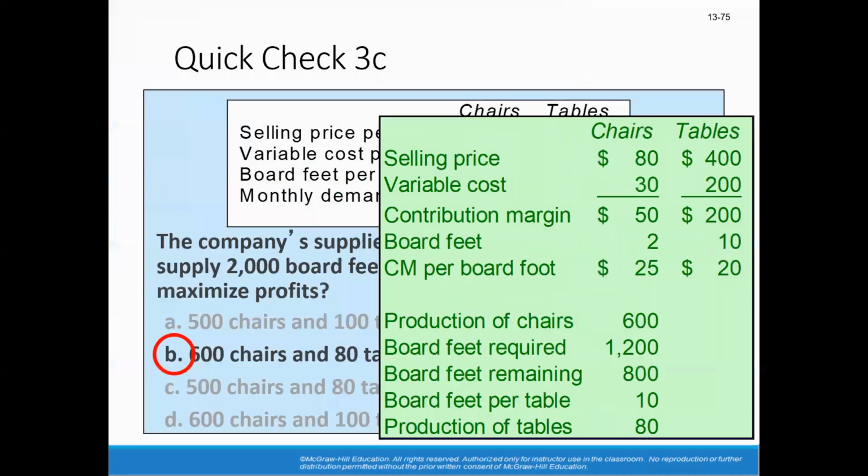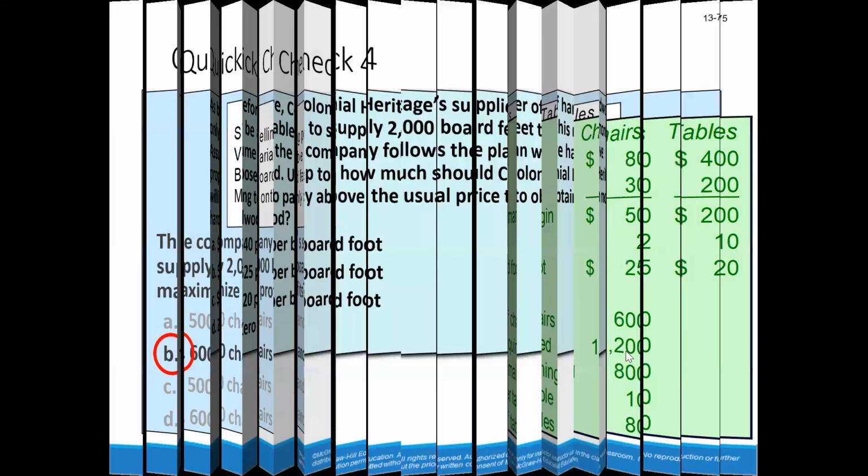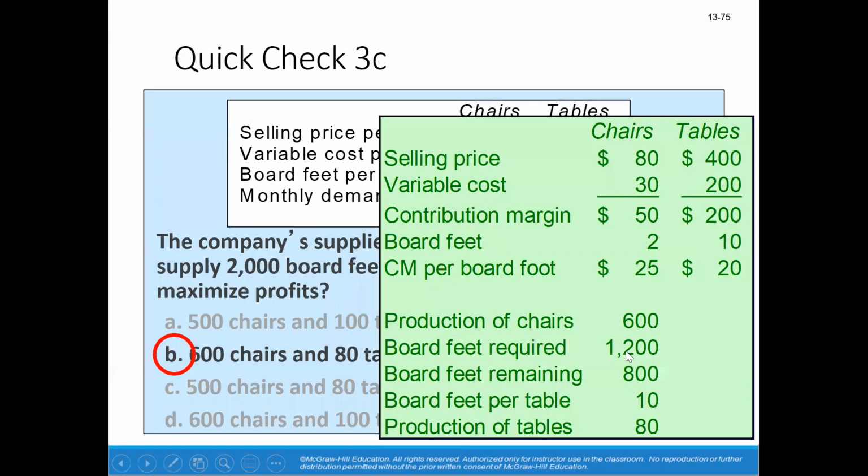What do you think? So 600 chairs and 80 tables. That would be the contribution margin per board foot.